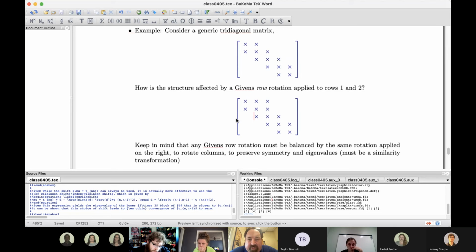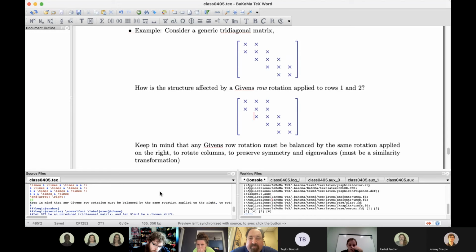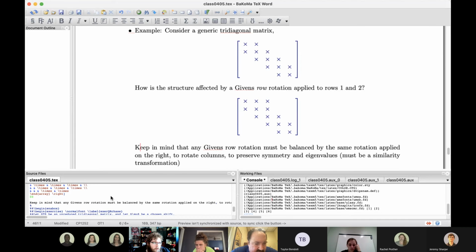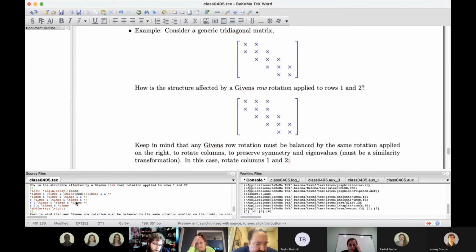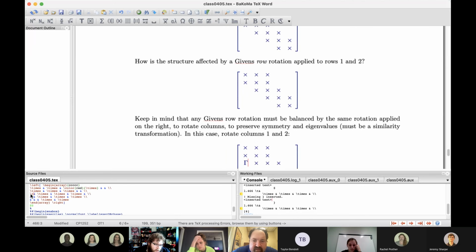Because, for example, what will happen after this first transformation that I showed you here, like here's after applying to the rows, and then because rows 1 and 2 are rotated to get this, and then columns 1 and 2 are rotated to give this.